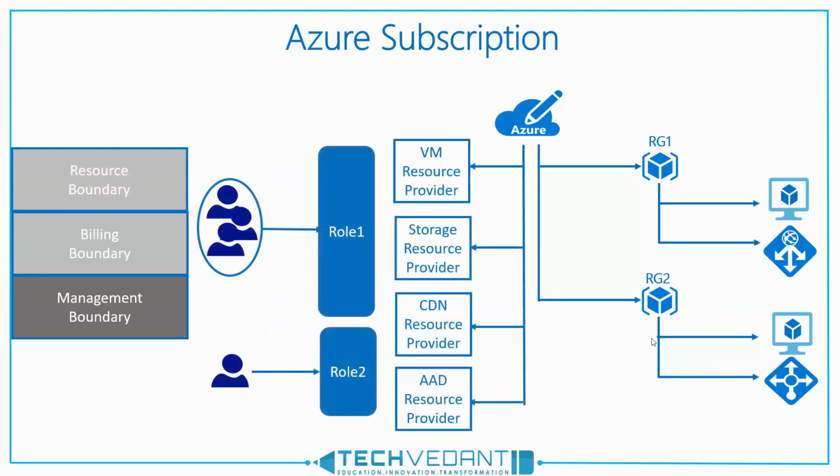Next important point to be understood in the context of management boundary is role-based access control and resource policy. Once we have our environment provisioned on Azure, Azure provides a governance framework in the form of RBAC and policies. For a very long time, these RBAC and policy operations were scoped at subscription level. However, with the new features such as management group, the scope of implementation for RBAC and policy has widened to multi-subscription.